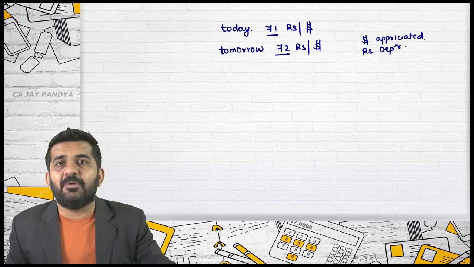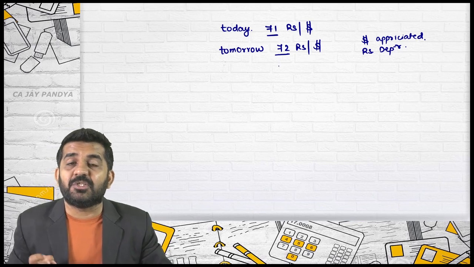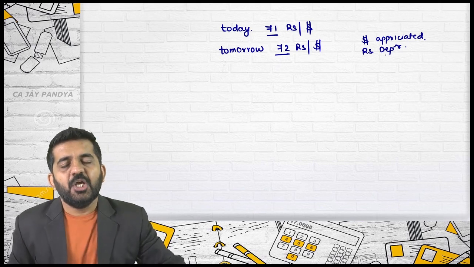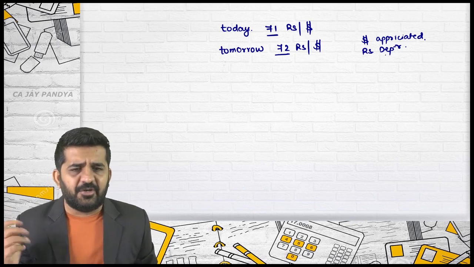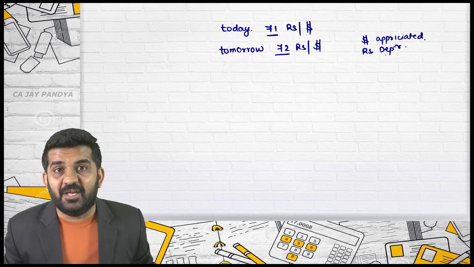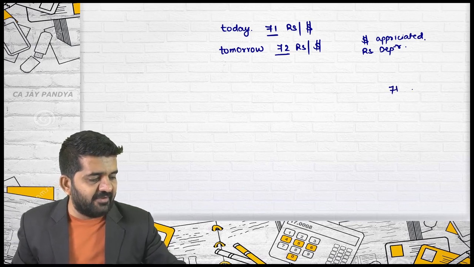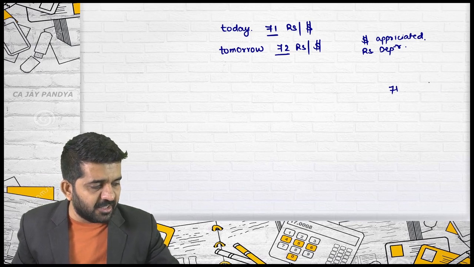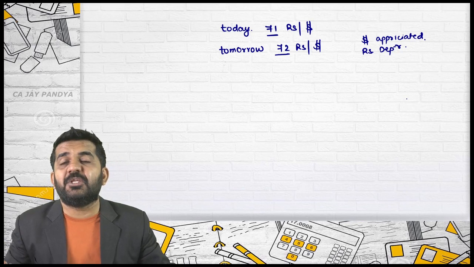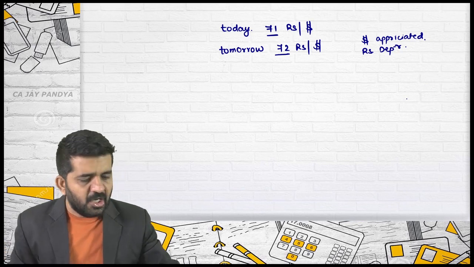So something becoming 71 to 72 is something of dollar. So dollar has appreciated and rupees has depreciated. So you might have heard in forex market, in trading market, that today rupee depreciated. And if you will see the rupee from 71, it has become 72. So 71 becoming 72, rupee is depreciating. What is appreciating is dollar.